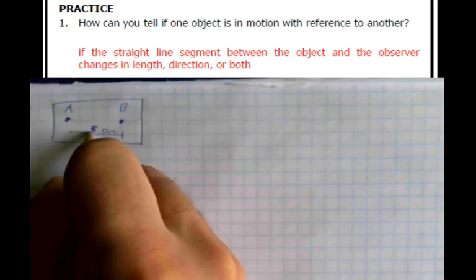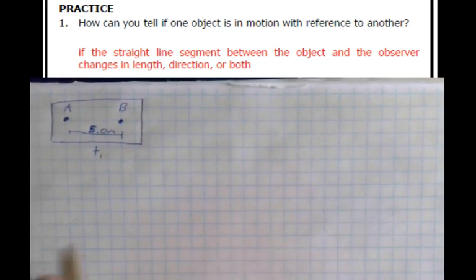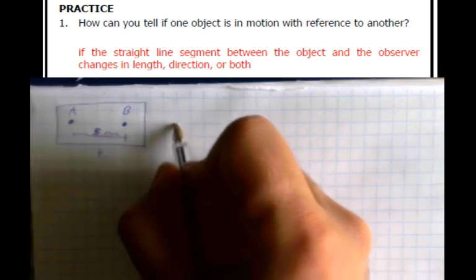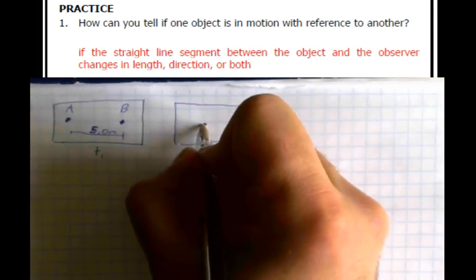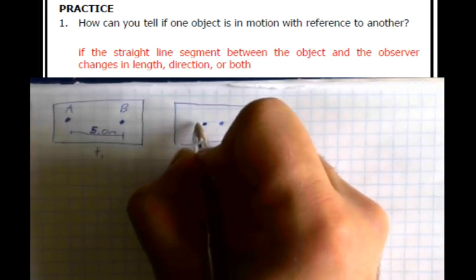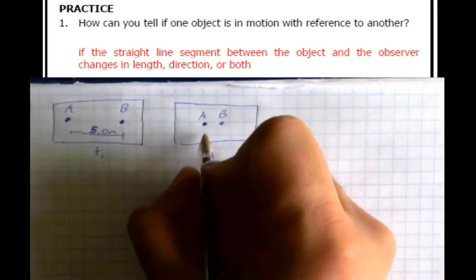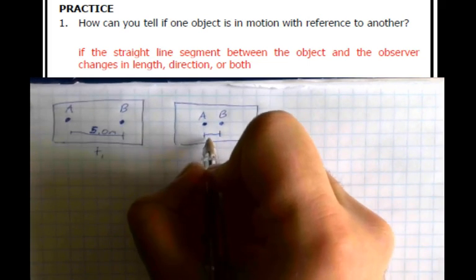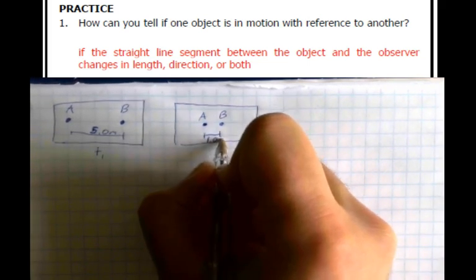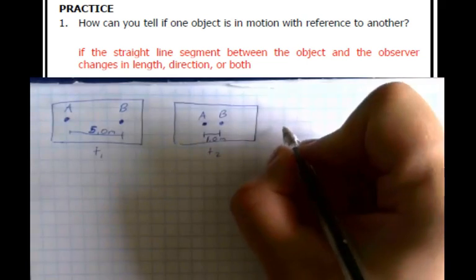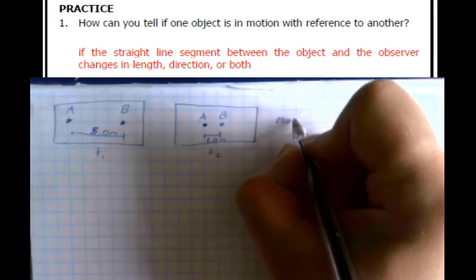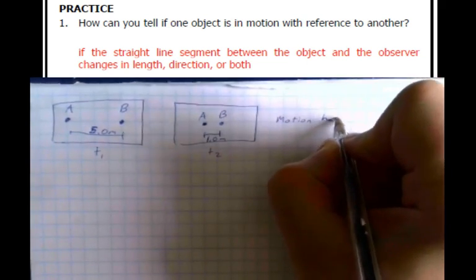In a second time frame, A and B might be closer to each other. Let's say they're now 1.0 meters away from each other in time frame 2. We can now say that motion has occurred.